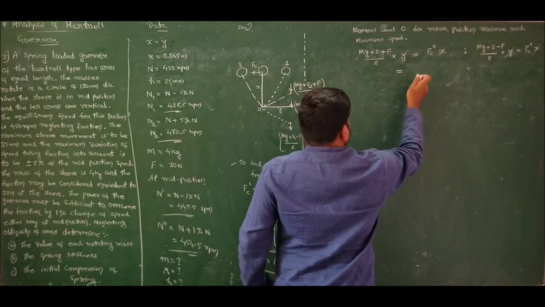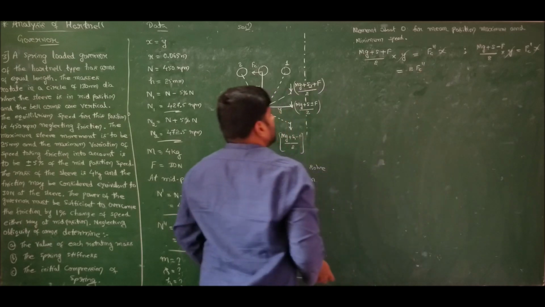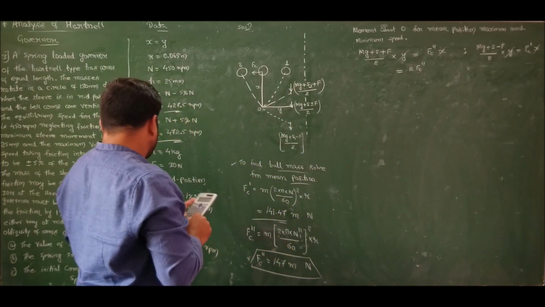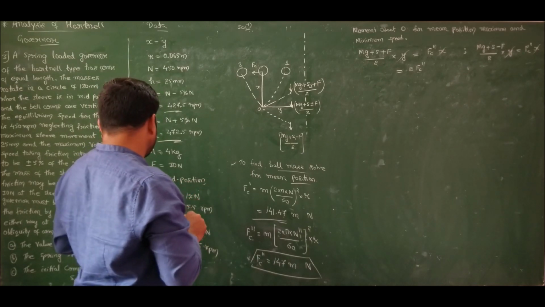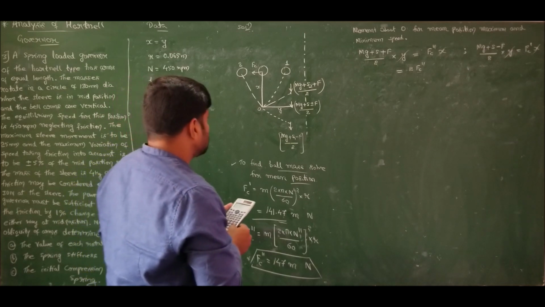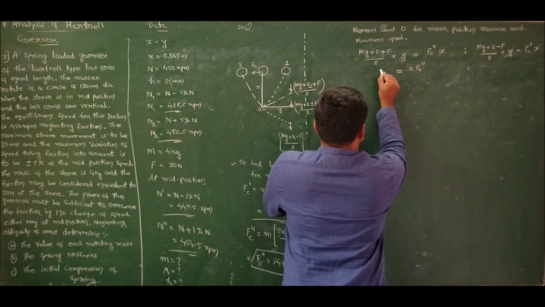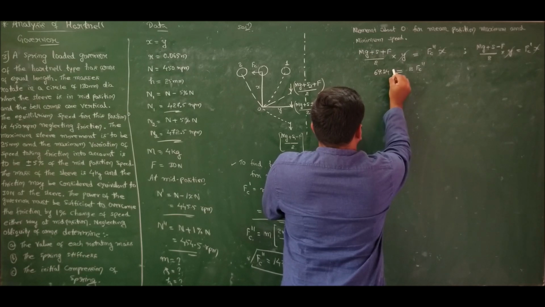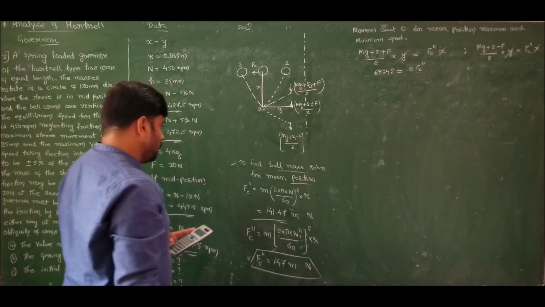So 2 times Fc double dash will be equal to mg plus s plus f. Mass of the slip is 4 kg with 9.81 plus friction is equal to 30 newtons. If I solve, I will get 69.24. Yes.